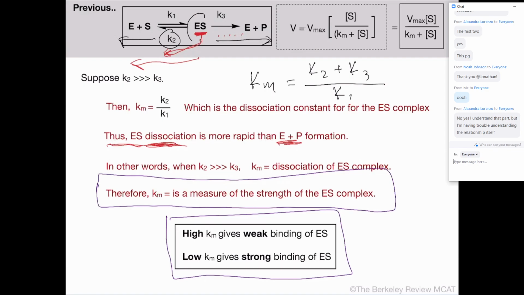So that means this thing doesn't want to stay as an enzyme substrate complex if these numbers are big. So a high Km gives weak binding, and a low Km gives strong binding.